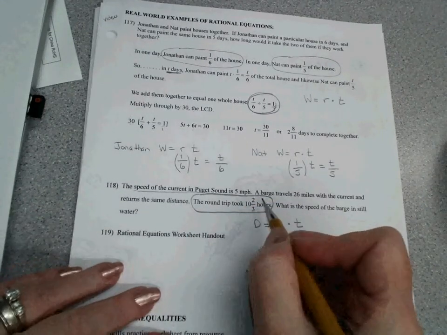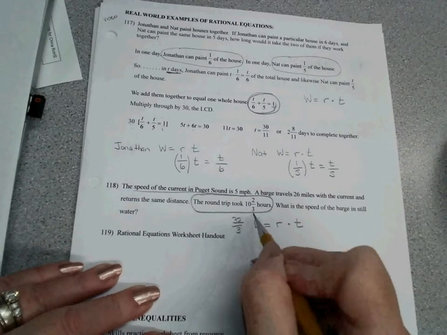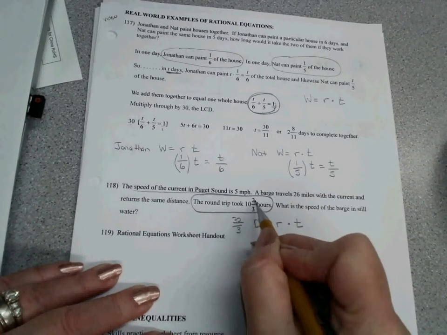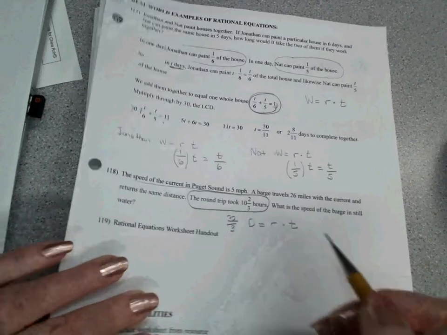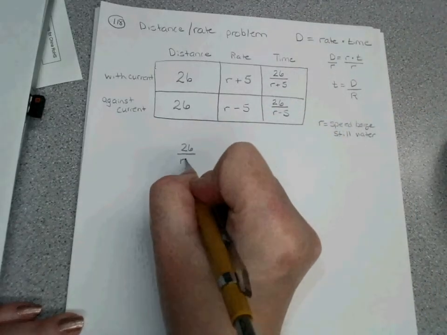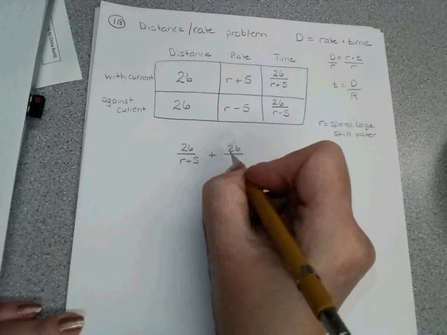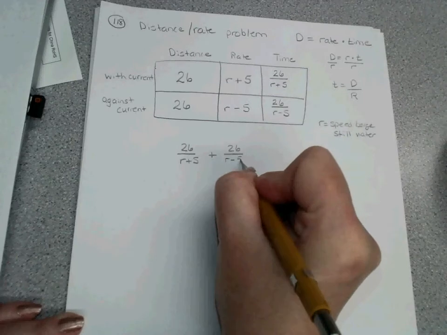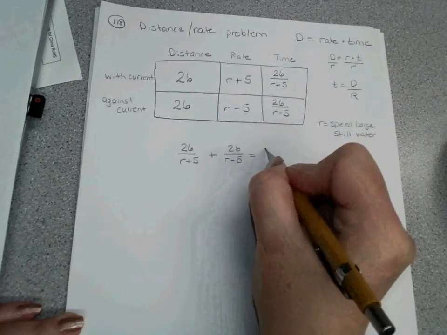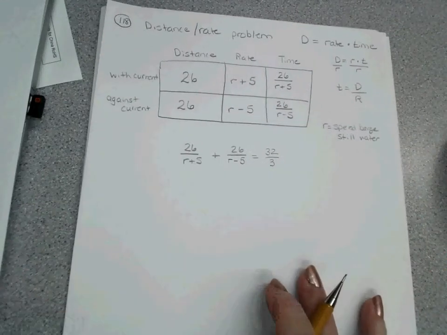And I'm going to go ahead and change that into 32 thirds. 3 times 10 is 30 plus 2, 32 thirds. Okay? The time down plus the time up, and I'm sorry that my 5s look like S's, equals 32 thirds. There is my rational equation.